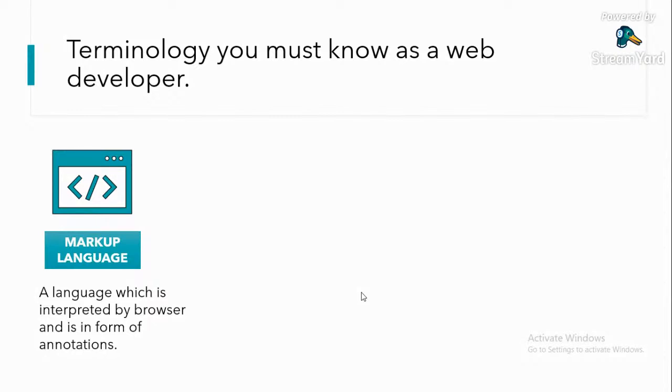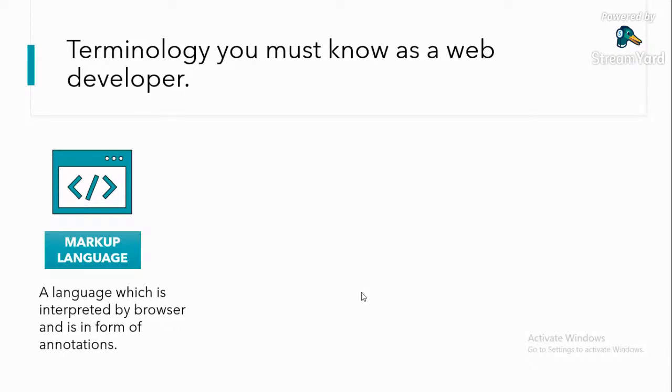And why I say that is, HTML is not like Java or Python, where you first compile the code and then go on to interpret it. Here, the browser itself is the interpreter of your HTML code, and the HTML code is written in the form of annotations. I will tell you what annotations are, but those annotations are interpreted by the browser.